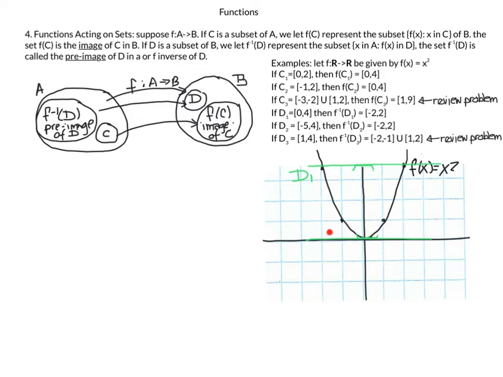So we're looking at this portion of the graph, nothing up here, and the values of x that map f to 0 and 4 are the values of x between -2 and 2. So that is our pre-image.